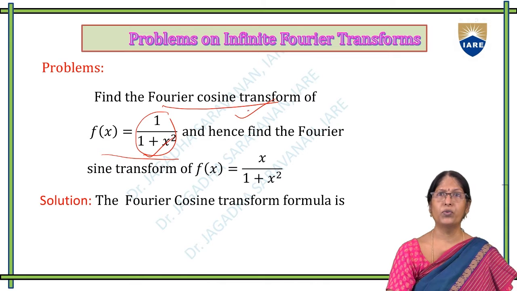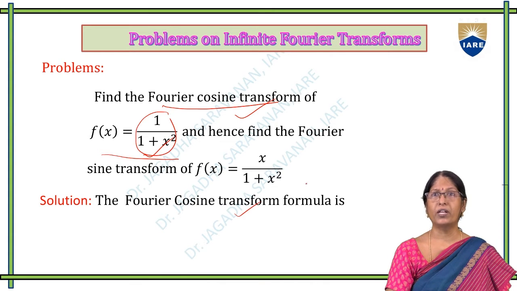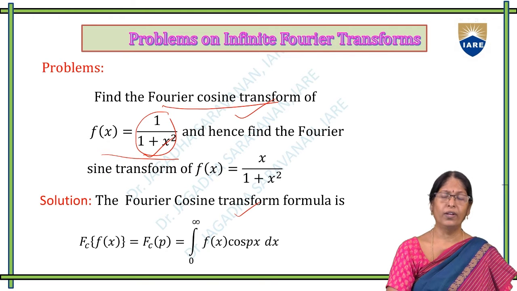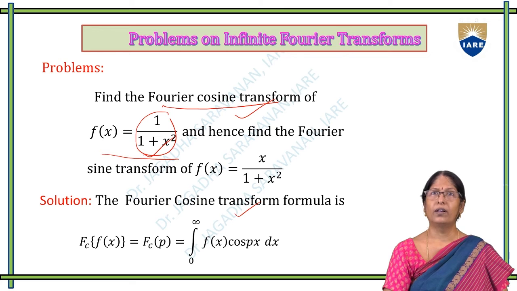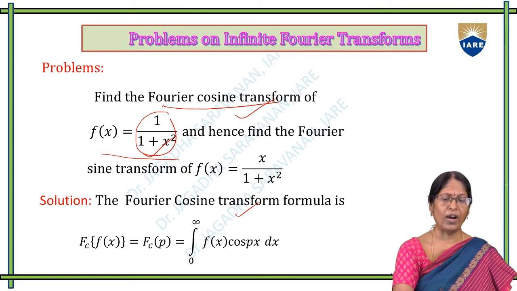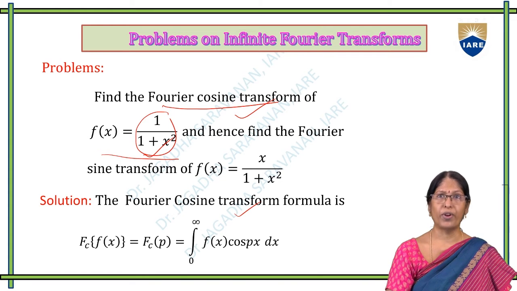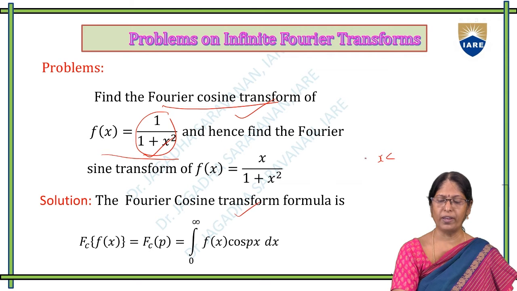For which we select the Fourier cosine transform formula. Here they didn't mention anything; only the function is given. There is no range, that is, the interval where x lies is not mentioned.